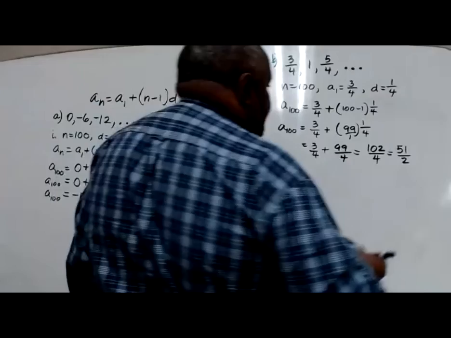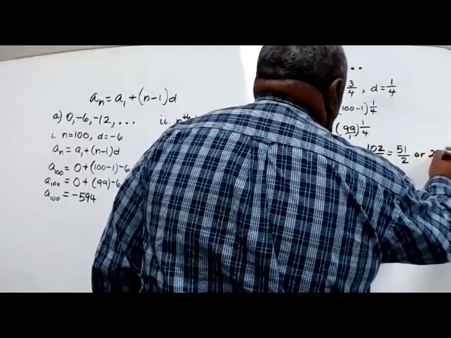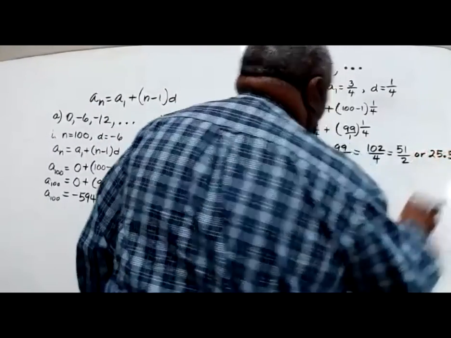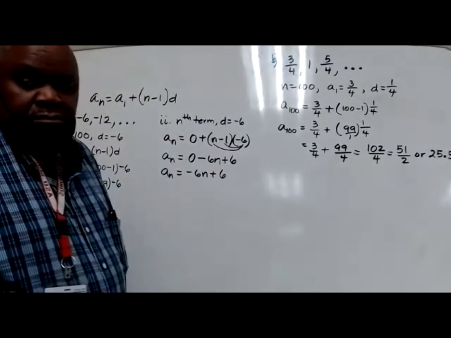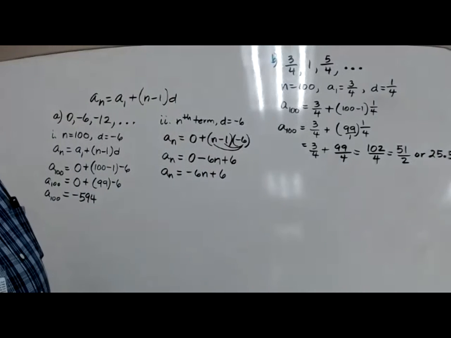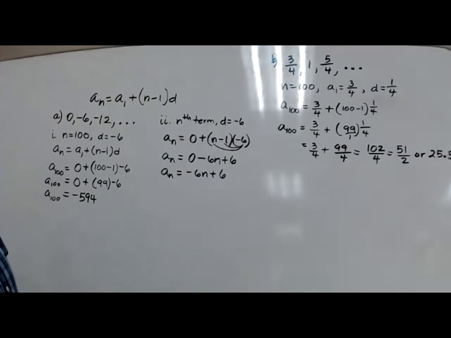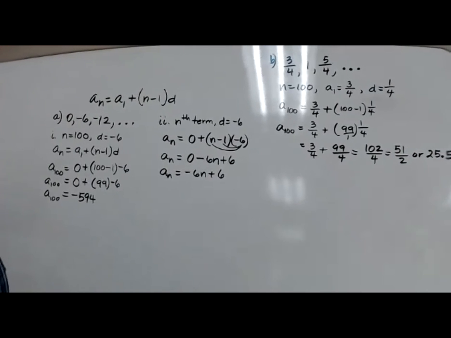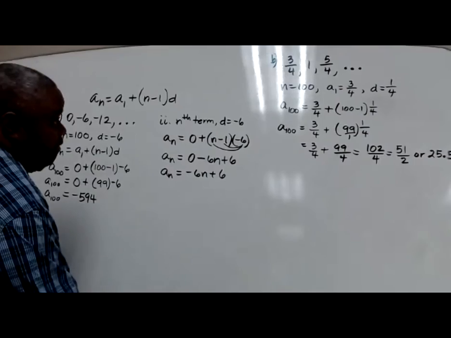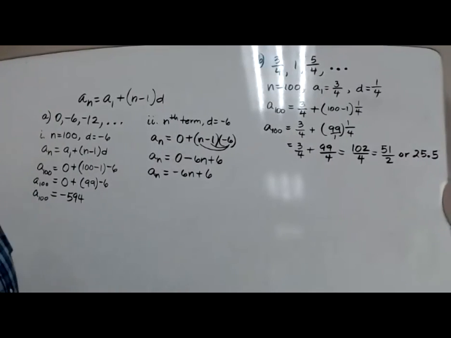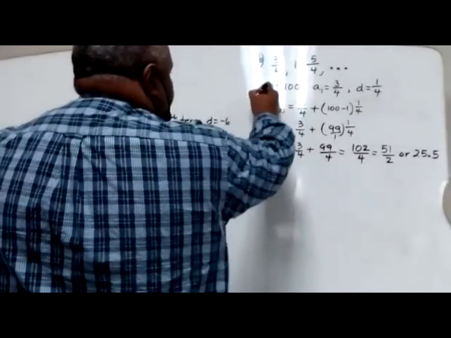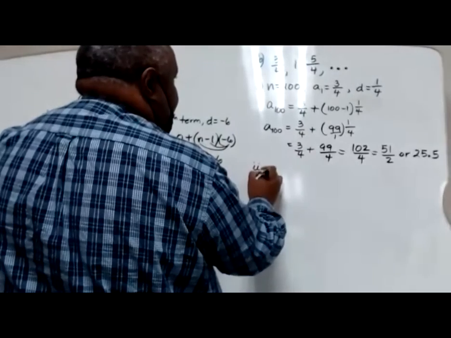Or as a decimal, this can be written as 25.5. So that would be the 100th term of that sequence. All right, questions on just the I part? And then the second part, they want the nth term of that sequence.